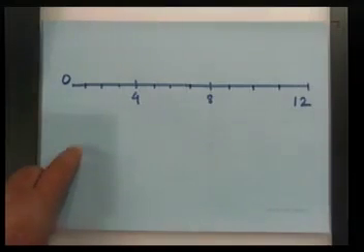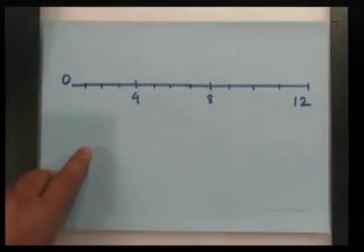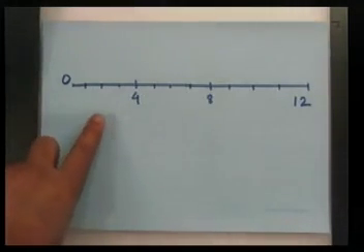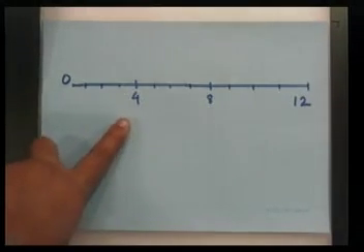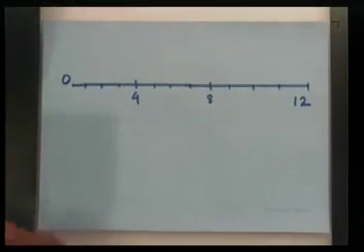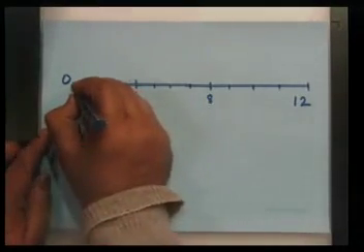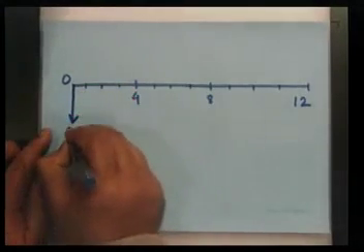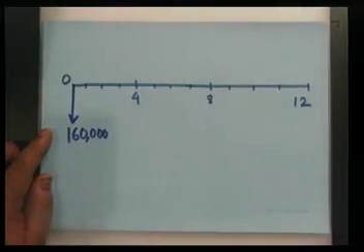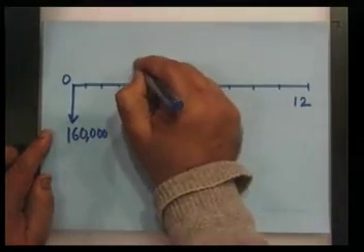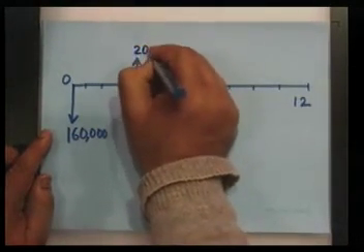So, what I have done is I have repeated this particular alternative thrice. Life is 4 years, I have repeated it thrice, and now just see what I am doing. As far as initial investment is concerned, this is 160,000. At the end of year 4, I am getting 20,000.